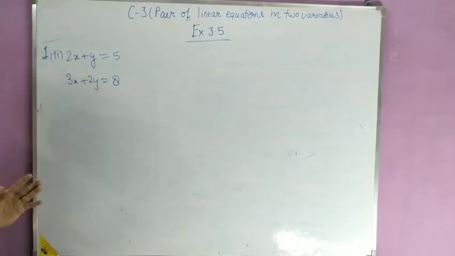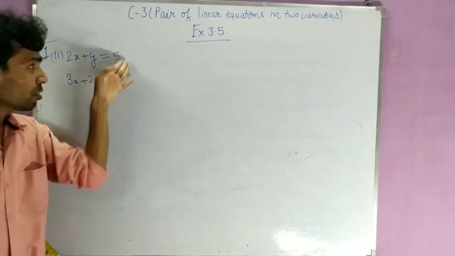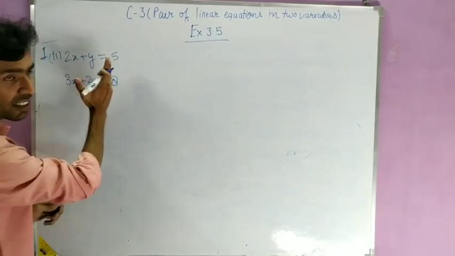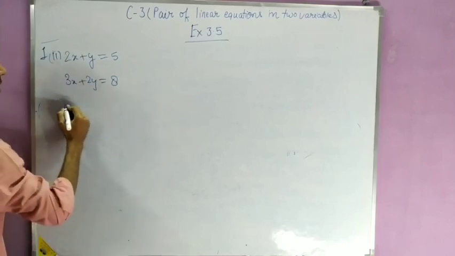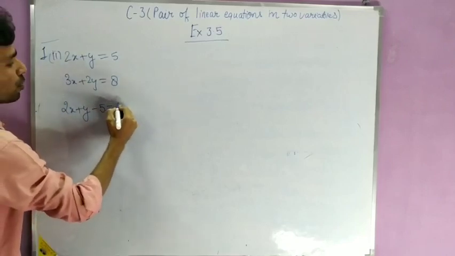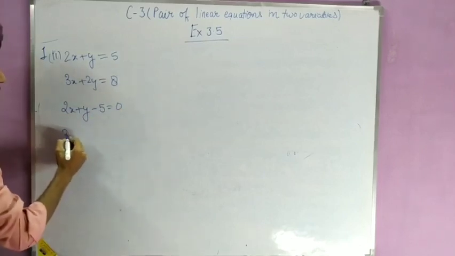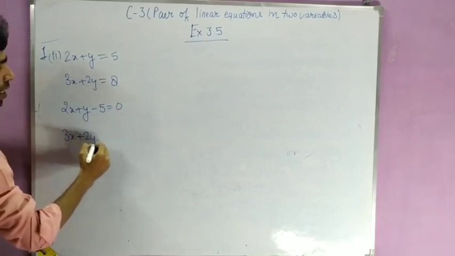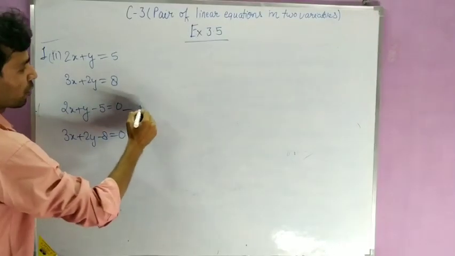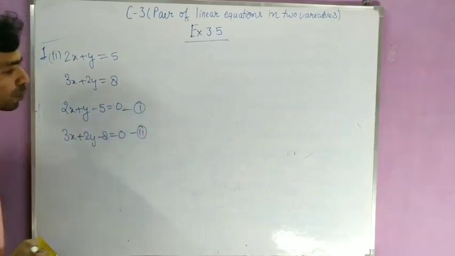After seeing these two equations, we can say they are not in general form. In general form, all the terms are on the left side. So we can write 2x plus y minus 5 equal to 0 and 3x plus 2y minus 8 equal to 0.